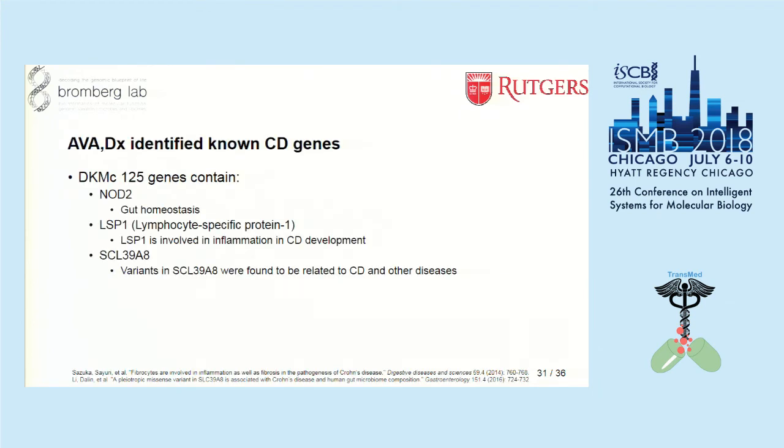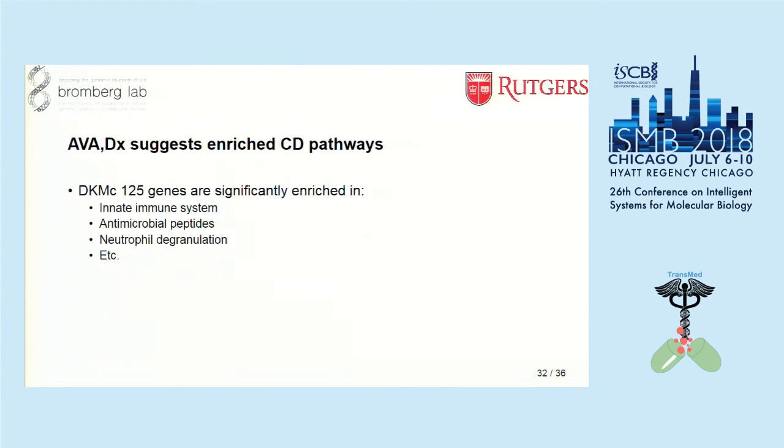So what are the model genes that allow for this performance? We went back to check the genes that we found. Apparently, we found genes that are known to be involved in CD pathogenesis, including the most infamous one, NOD2. We also checked if those genes are enriched significantly in pathways, and it turned out they are.